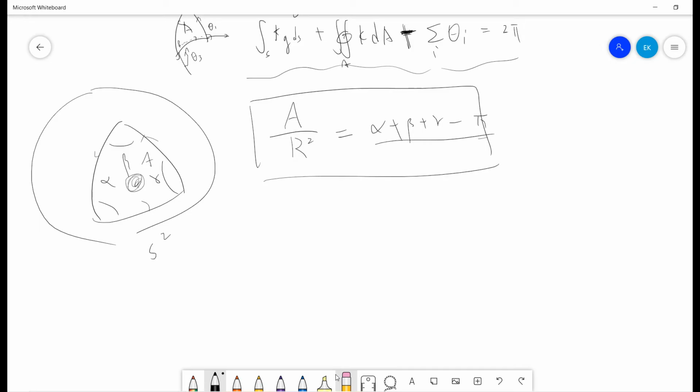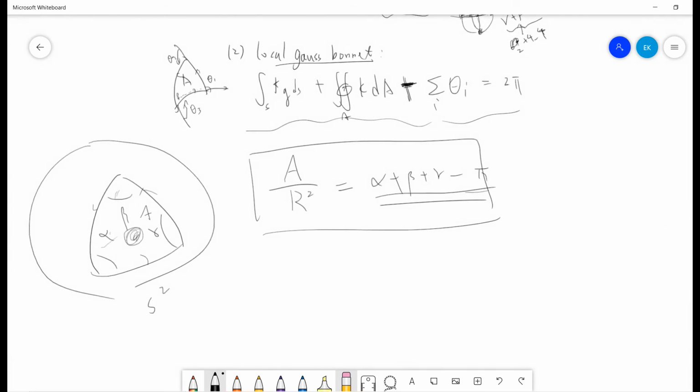This is a very famous result. It means that the sum of the angles of this triangle exactly gives you how curved the space is, at least for the sphere. We can prove this fact by the local Gauss Bonnet.